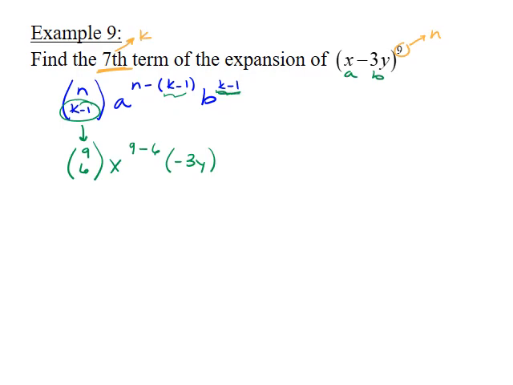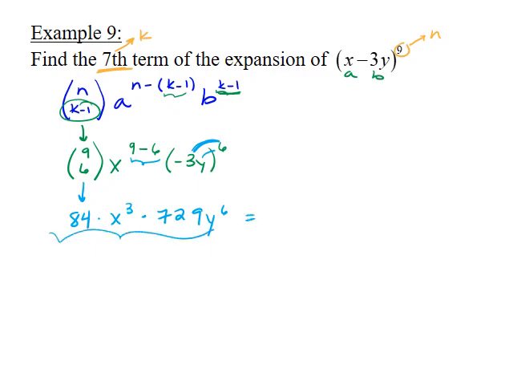Well, that's 7 minus 1 again, which is 6. Okay, well, we can plug this into our calculator. 9 choose 6 is 84. This simplifies to x to the power of 3. Remember, if we have a negative to an even power, this is going to come out positive. So this will be 729 y to the power of 6.